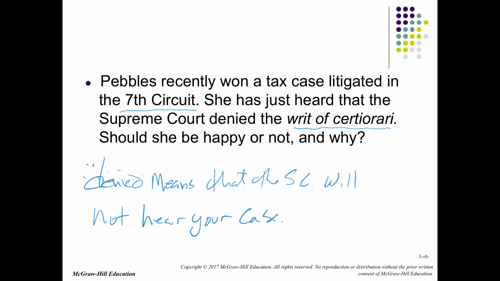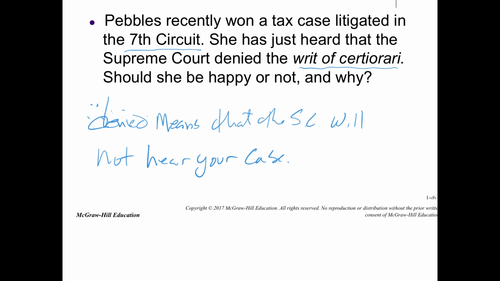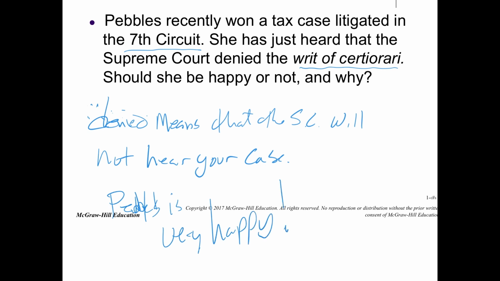So Pebbles has won on appeal. The Supreme Court is not going to hear that case. So that means she's done. The IRS can no longer come after her for that issue. So Pebbles is very happy. All right.